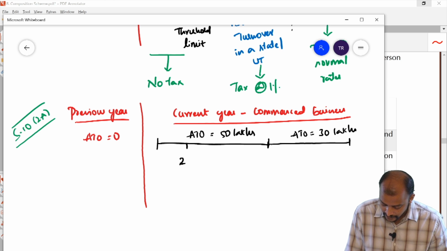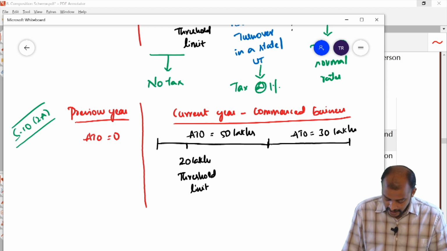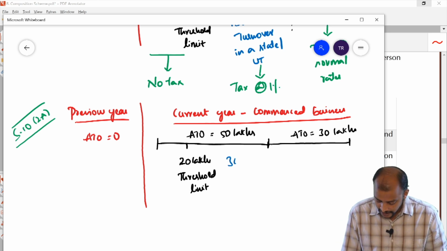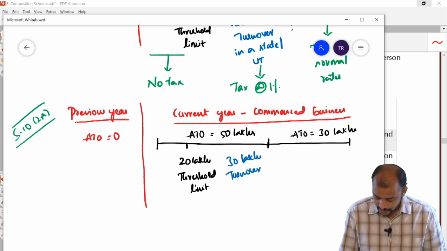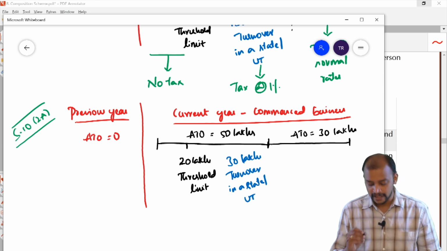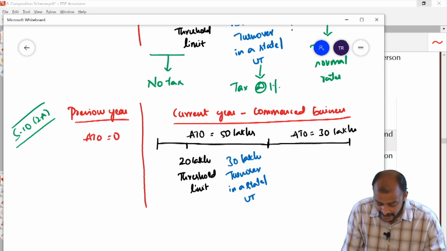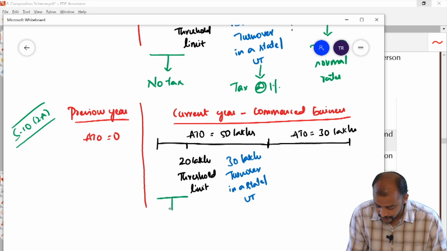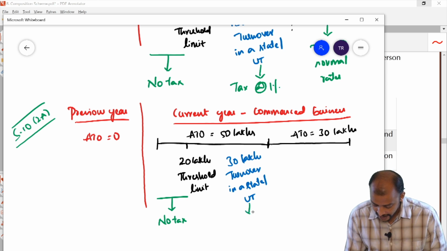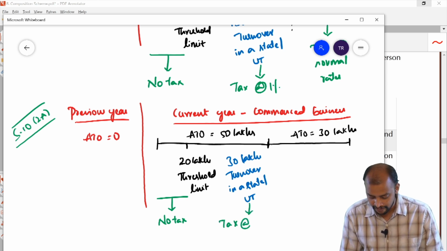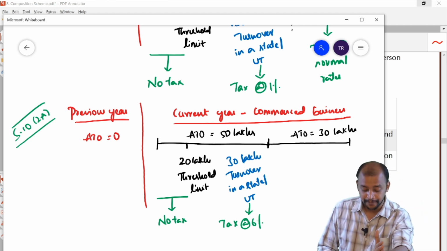That is 20 lakhs threshold limit, and balance 30 lakhs is called turnover in a state or union territory. Now for this 20 lakhs there is no tax, no doubt in that, and for this 30 lakhs we have to pay tax at the rate of 6%, no doubt in that.